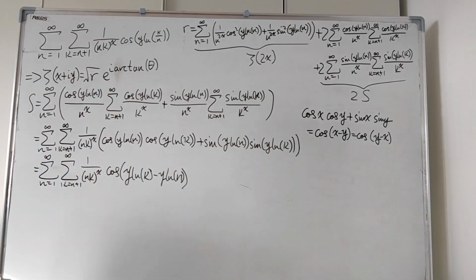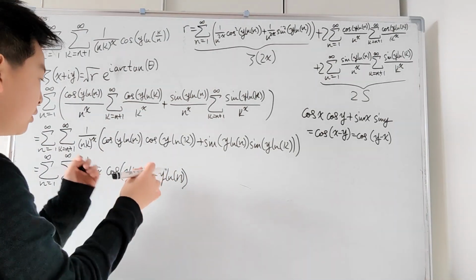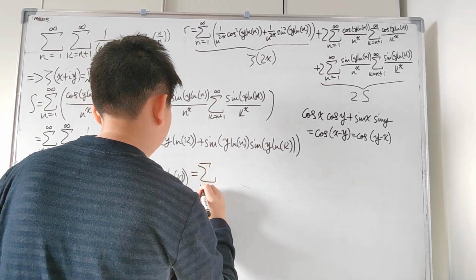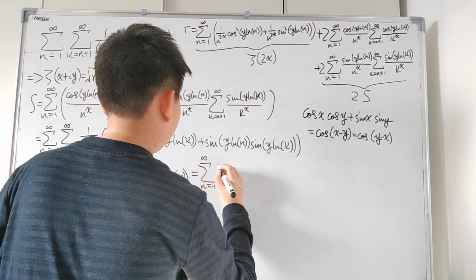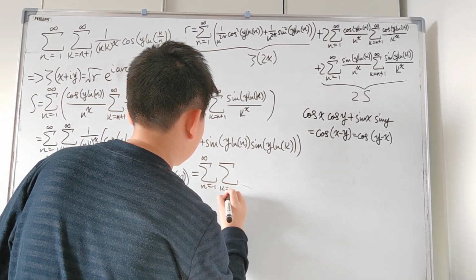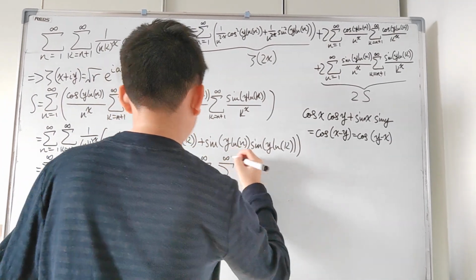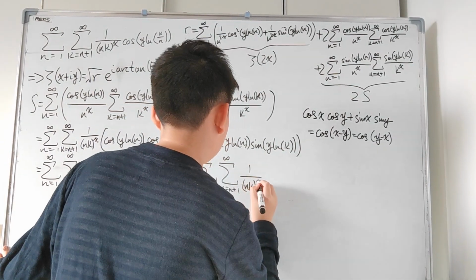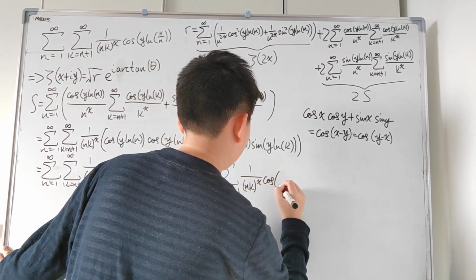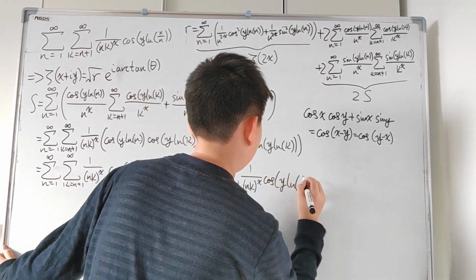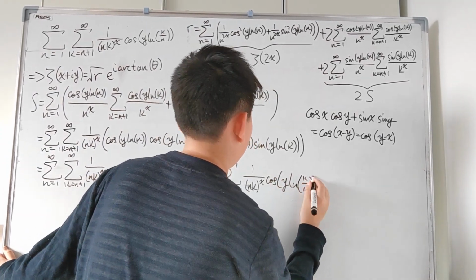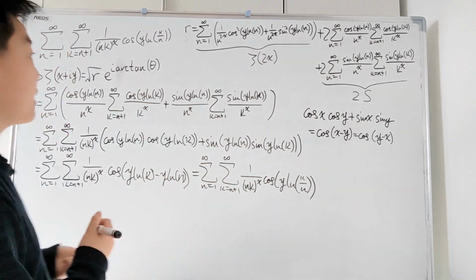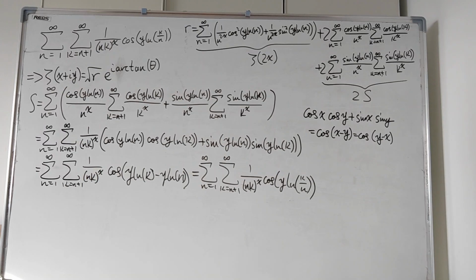So I have a positive number. At the same time, this is also a logarithmic identity, so this is now equal to the sum, k equals n plus 1 to infinity, of 1 over nk to the x cosine of y natural log of k over n. And once you look at that, that was our original sum that we were trying to do.